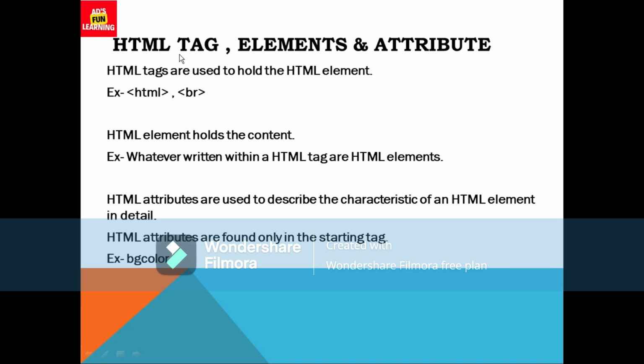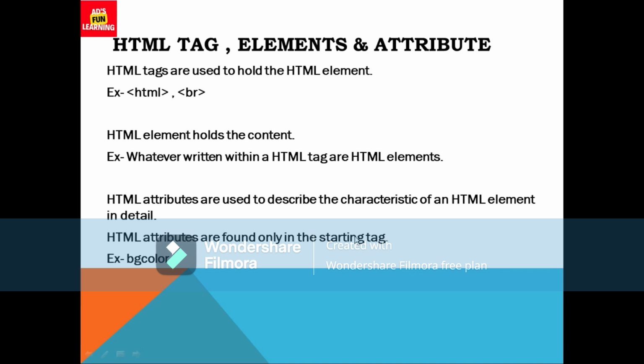Next, HTML attributes. What is an attribute? An attribute means that under the particular tag, we are passing some content. Suppose we are using the body tag. One of the very important tags is the body tag.